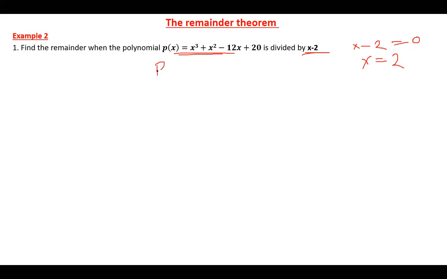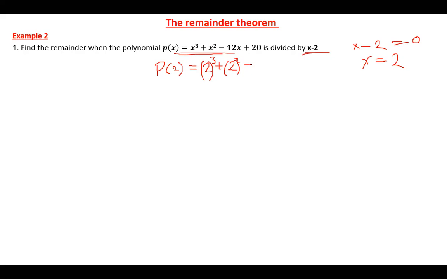So we're going to say we're finding p of 2 is equal to, where there is x, I'm going to put 2 there, then plus, again, where there's another x there, I'll put 2. Of course, when you're writing such questions, don't forget to put brackets. They're very important, just in case the number there is negative.